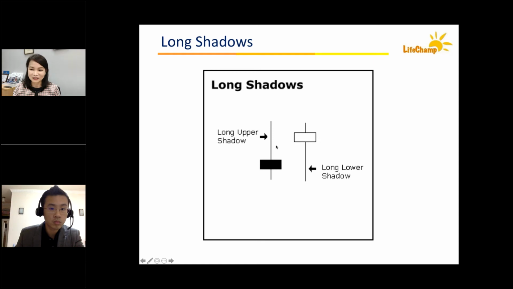If you can tell me the answer, I can hear it. I can see that maybe some of you know the answer. So you see, the price opens here and closes here, and then it went all the way up, and then it went all the way down.